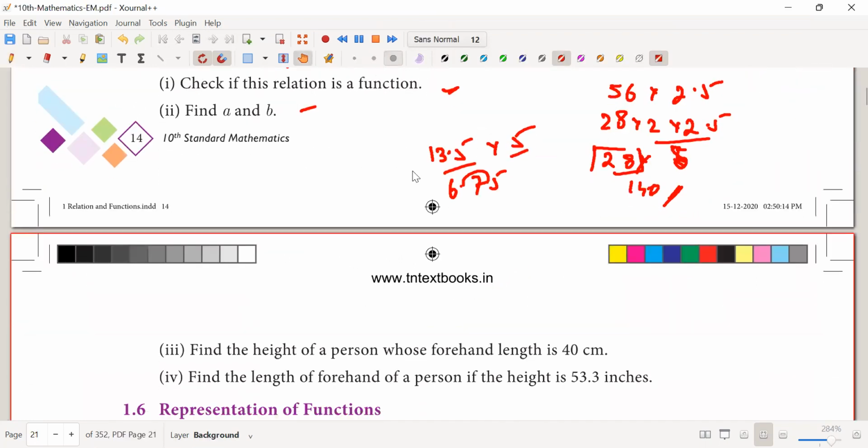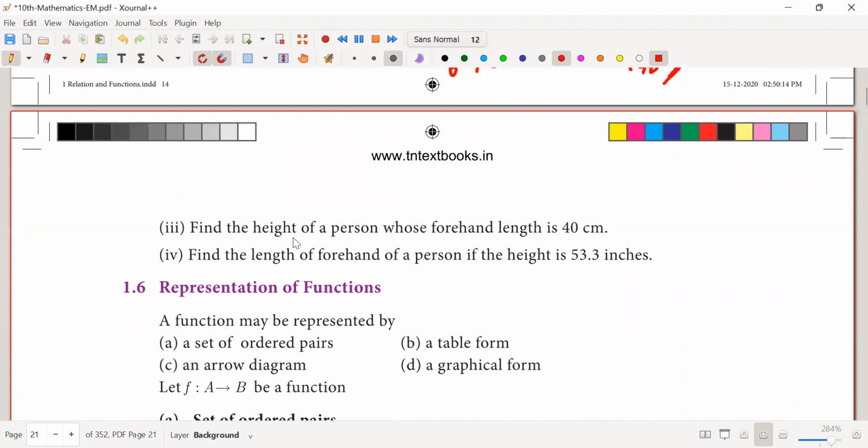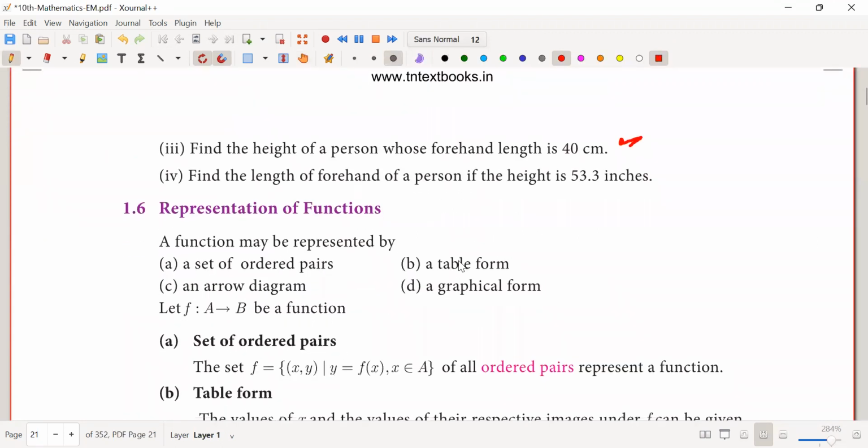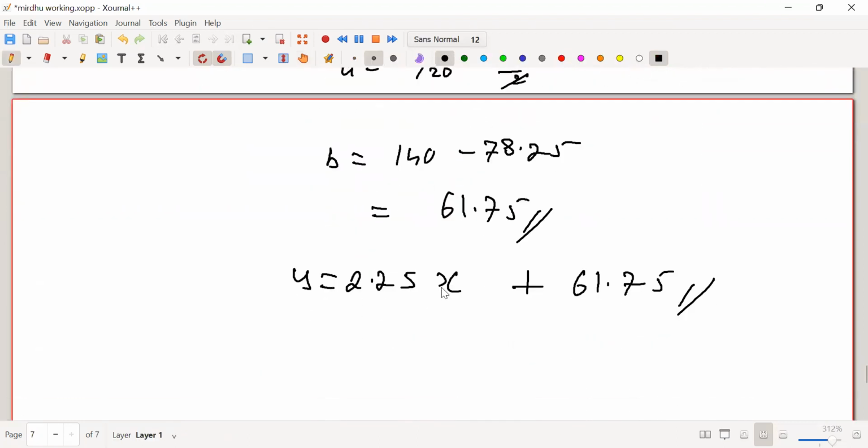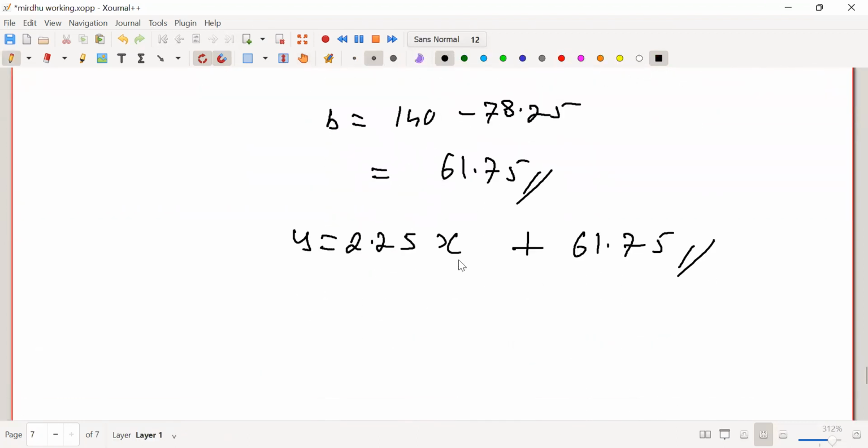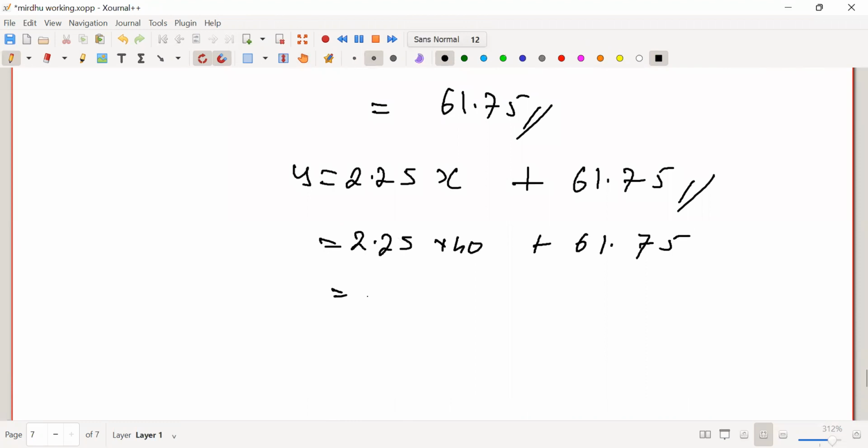Find the height of the person whose forearm is 40 centimeters. We got the relation, isn't it? They're asking to find the height of the person whose forearm is 40. So 2.25 into 40 plus 61.75. That is 22.5 into 4 plus 61.75.